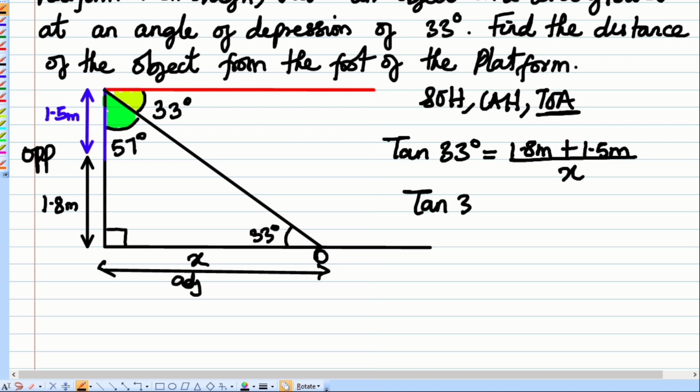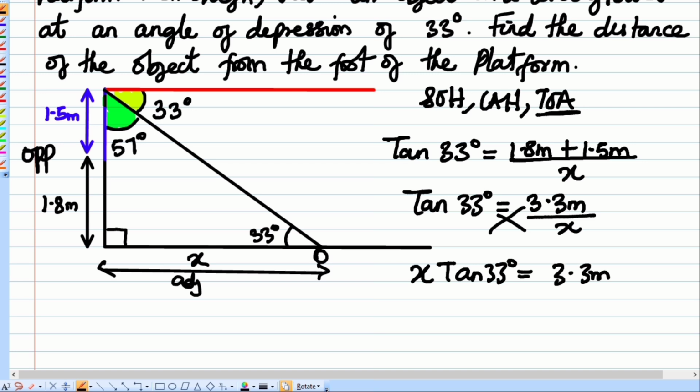So tan 33 degrees is equal to 1.8 plus 1.5, which should be 3.3. So we have 3.3 meters divided by x. So we just cross multiply. We have x times tan 33 degrees is equal to 3.3 meters.